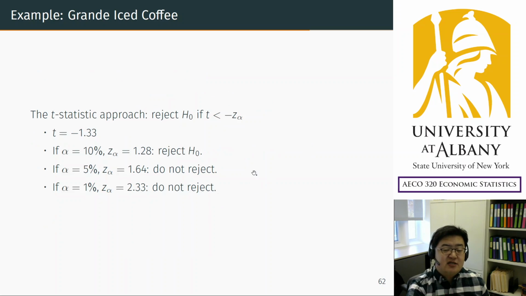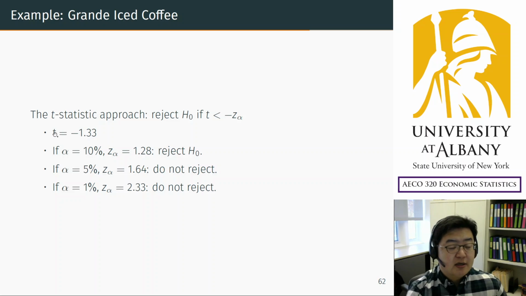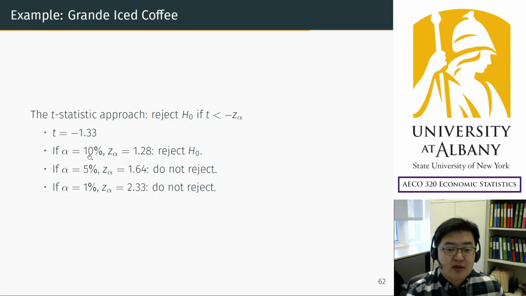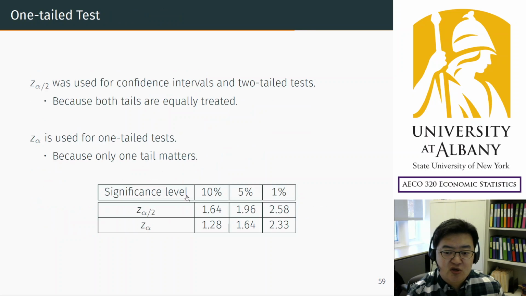And now the t-statistic approach. We calculated the t-statistic is minus 1.33, but the threshold decision rule is different now. So for 10%, we'll go back to here. We are going to use these numbers as the threshold, right? So use these numbers: top 10% value, top 5% value, top 1% value. You can find them from Excel.